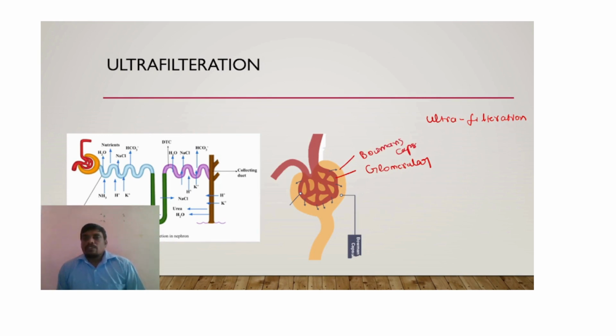The Bowman's capsule contains glomerular tubules that are formed by afferent and efferent arterioles. These two together make fine microtubules called the glomerular tubules inside the Bowman's capsule of a nephron.